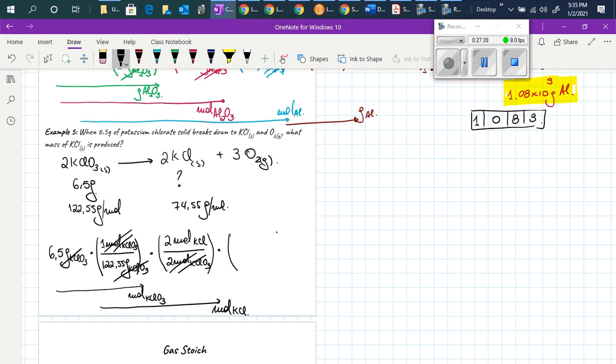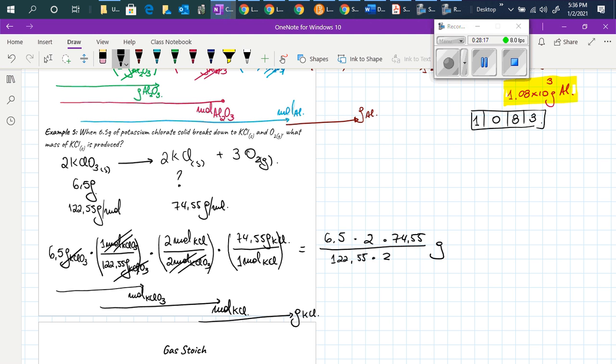Now we are looking for grams, so we will use the molar mass. 1 mole of KCl is 74.55 grams of KCl, and then what we have here is grams of KCl, which is what we are looking for. In terms of numbers, we have 6.5 times 1 times 2 times 74.55, the whole thing divided by 122.55 times 2 times 1, and the units are grams of KCl.